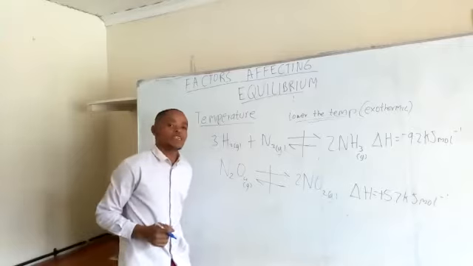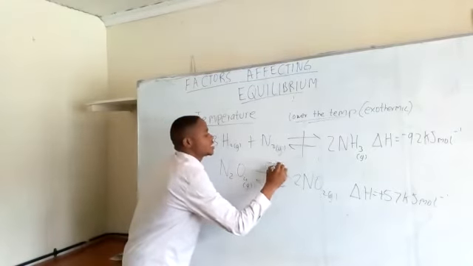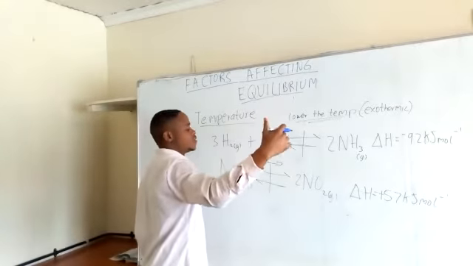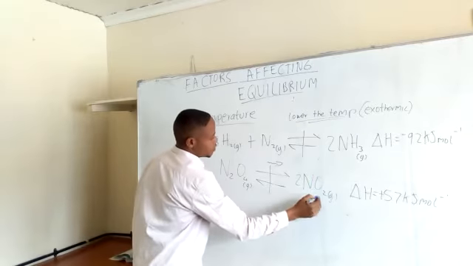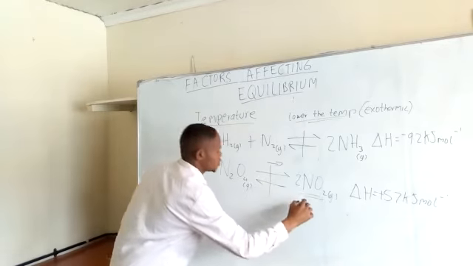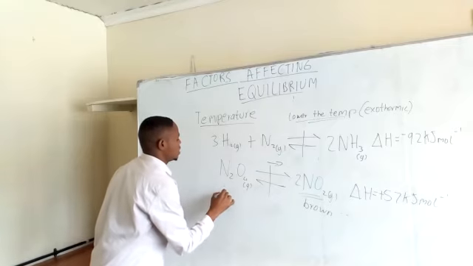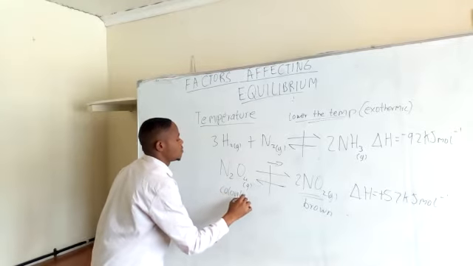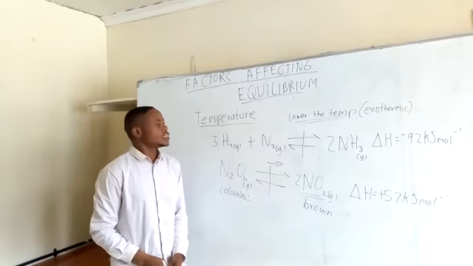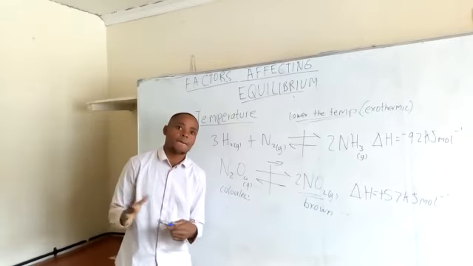So if the position of the equilibrium was at the center, then raising the temperature will cause a shift of the position of the equilibrium towards the right. So it will favor the formation of nitrogen dioxide. Actually, nitrogen dioxide is a brown gas, and this one is colorless. So we're going to see the brown color intensity increasing.